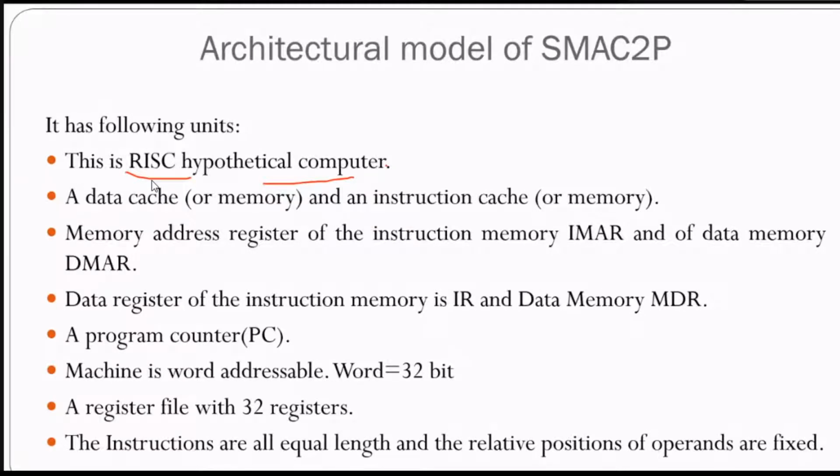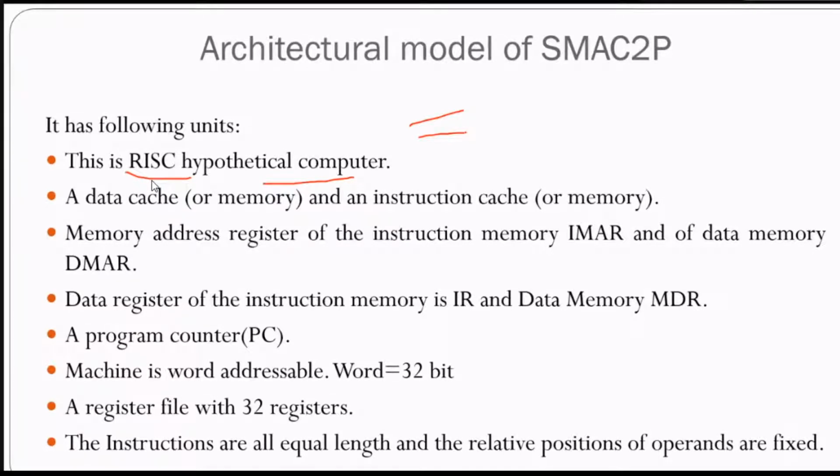It means that this particular computer will have a very limited number of instructions, very limited number of operands, very limited instruction set. The memory access is limited to two instructions only, load and store. How many ways are there to calculate the effective address? So we will have very few effective address calculations.